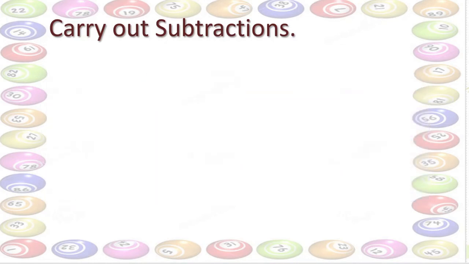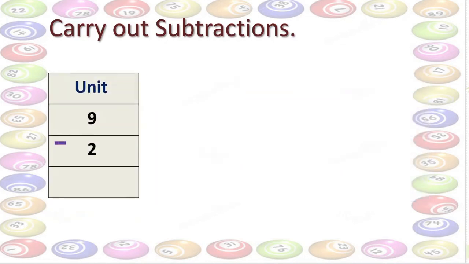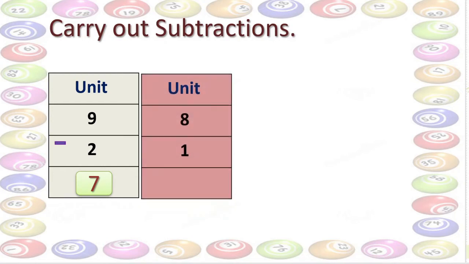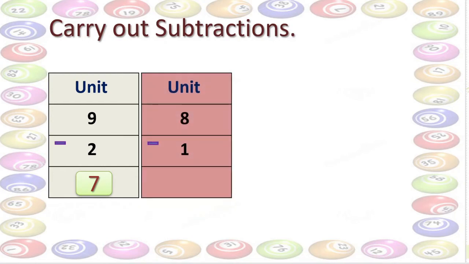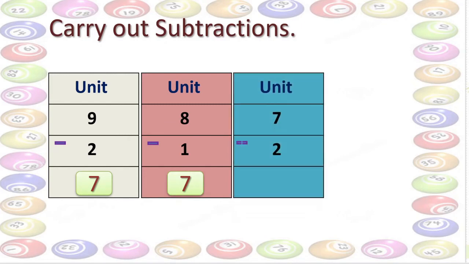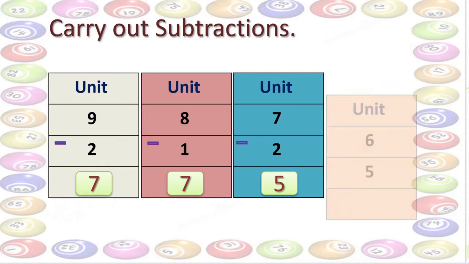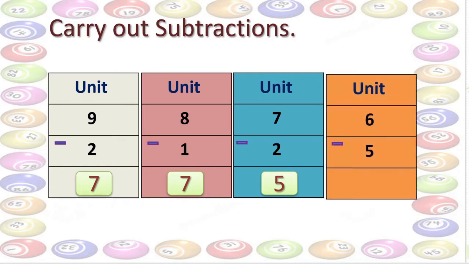Some more are there. 9 minus 2. Yes. 7. Very nice. 8 minus 1. Nice. 7. 7 minus 2. 5. Correct. 6 minus 5. 1. Very nice.